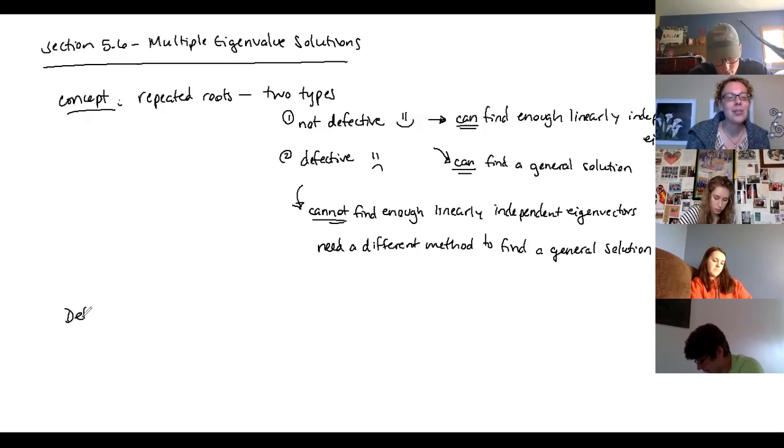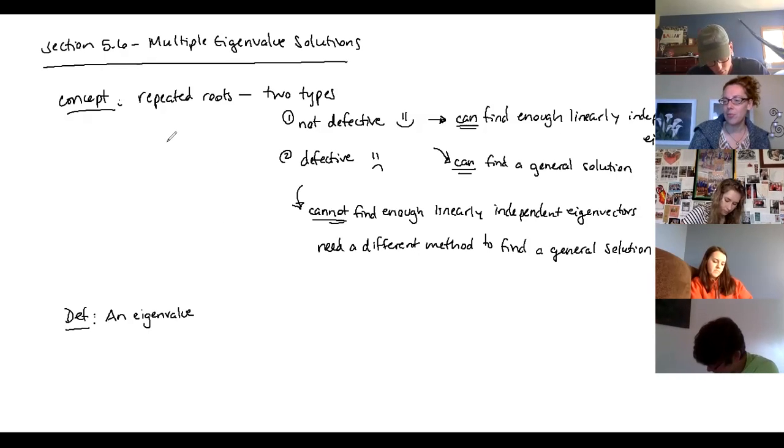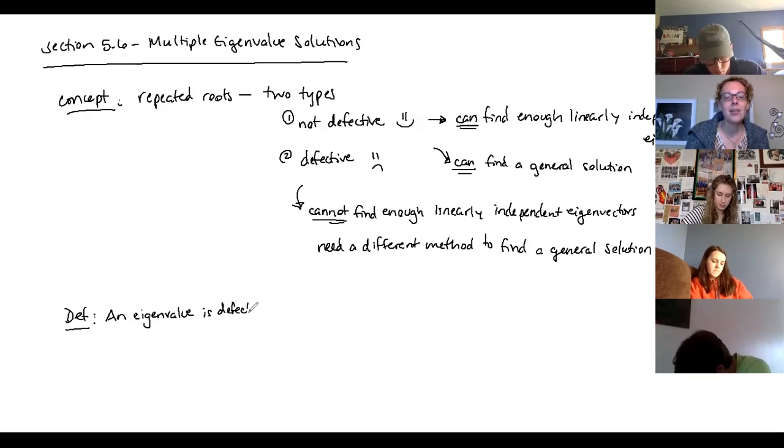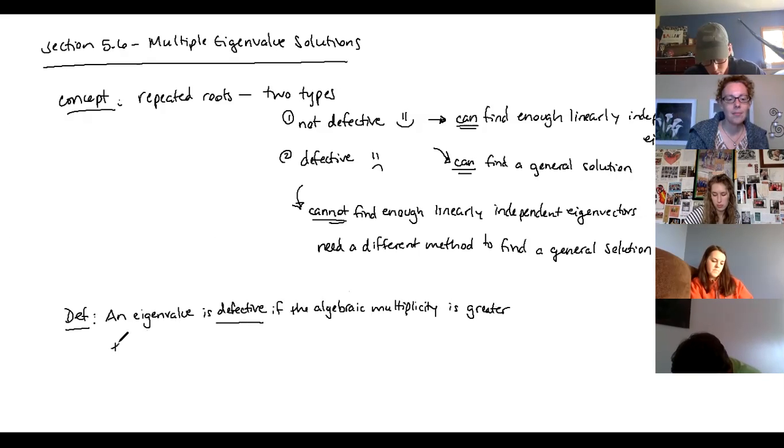So here's my actual technical definition, and there's going to be some words in here that you don't know. That's okay. An eigenvalue, because remember these repeated roots come from the eigenvalues, right? So an eigenvalue is defective if the algebraic multiplicity is greater than the number of free variables.